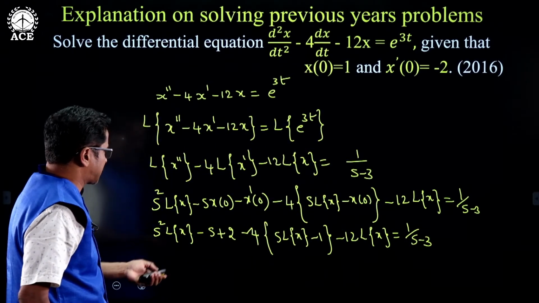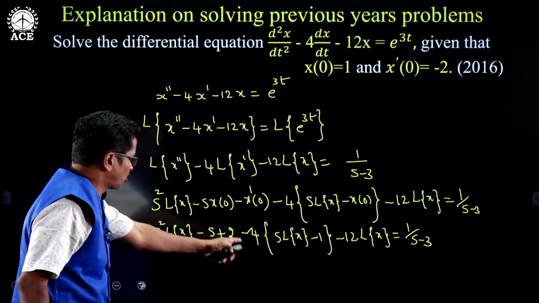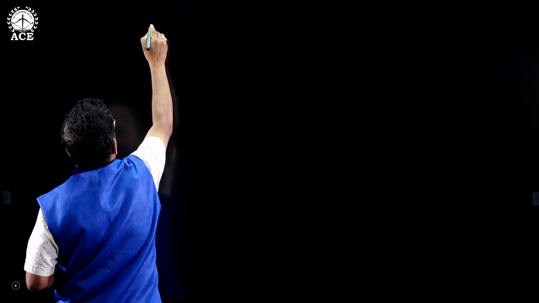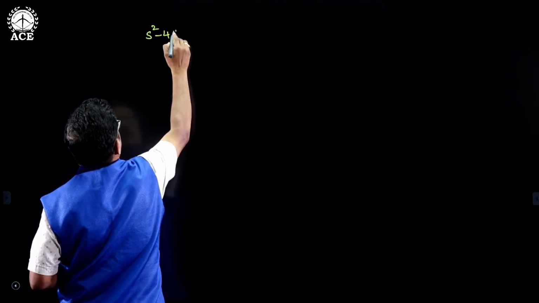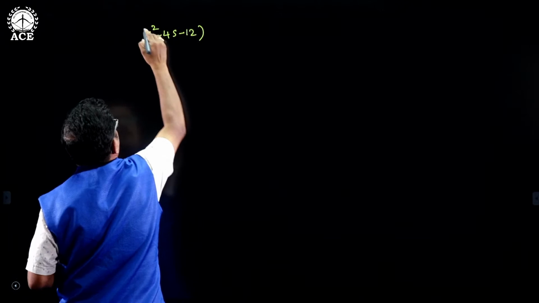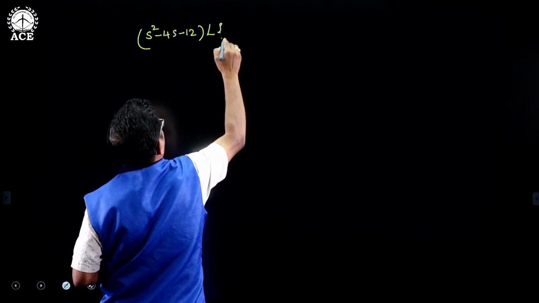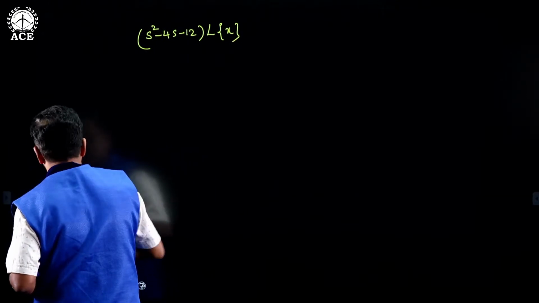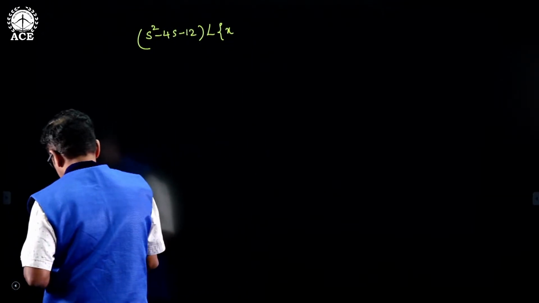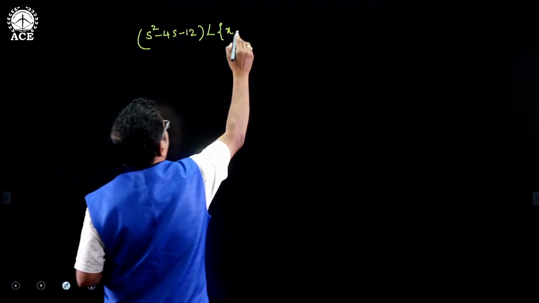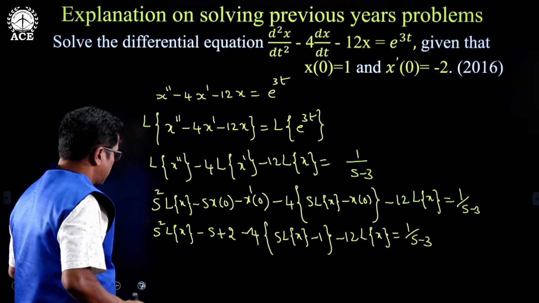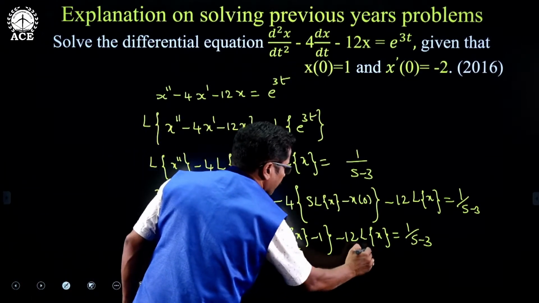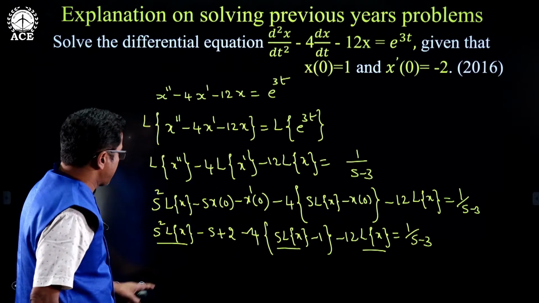Now I will take L of x common, s square minus 4s minus 12 into L of x. Okay, so these terms went off under common. Then what is left?